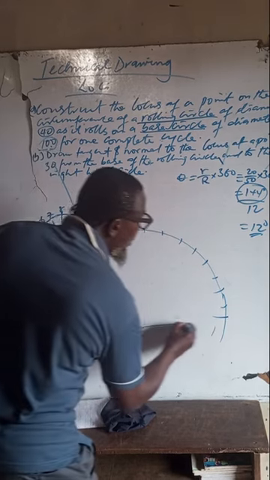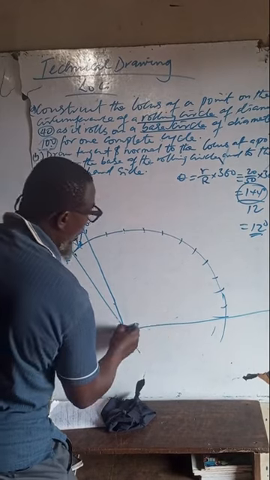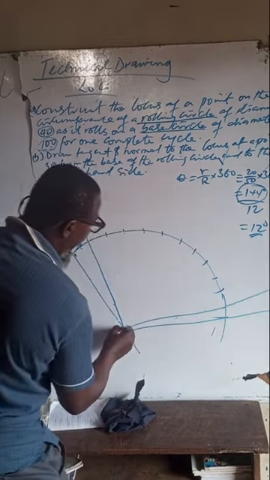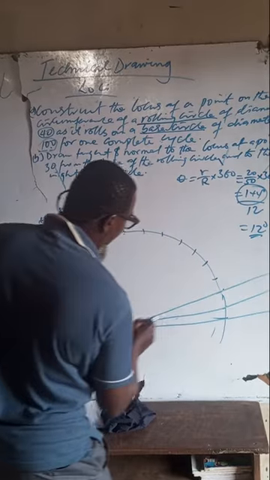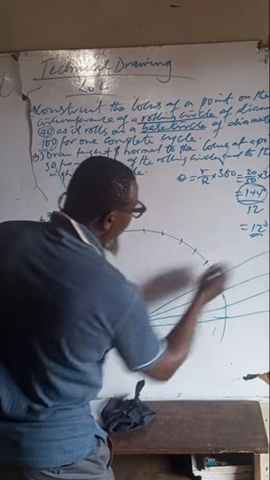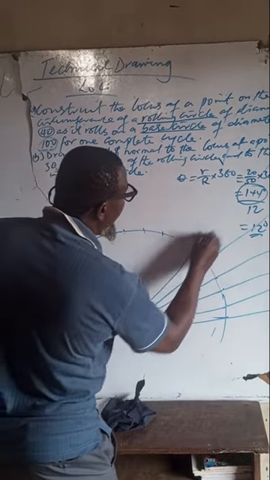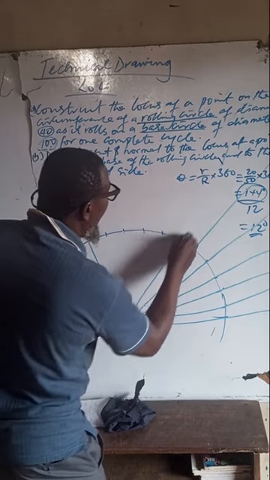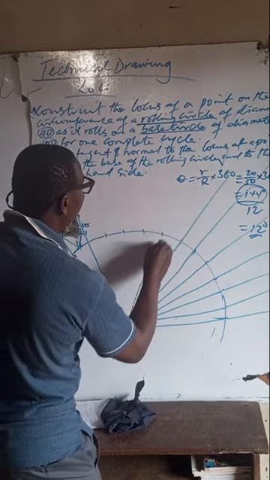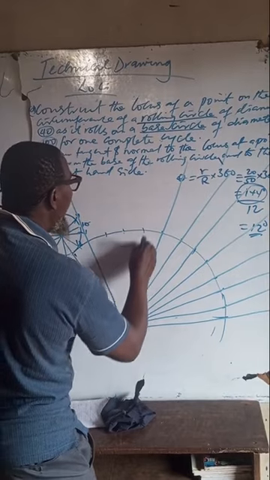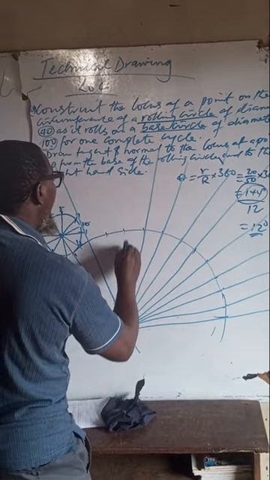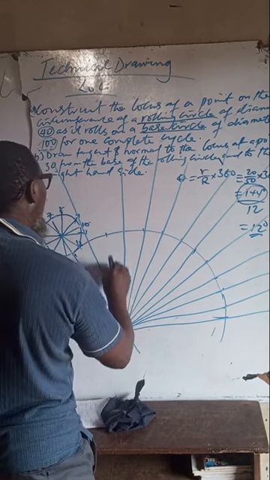Then I'll draw the radial lines through all those points, up to the last one.